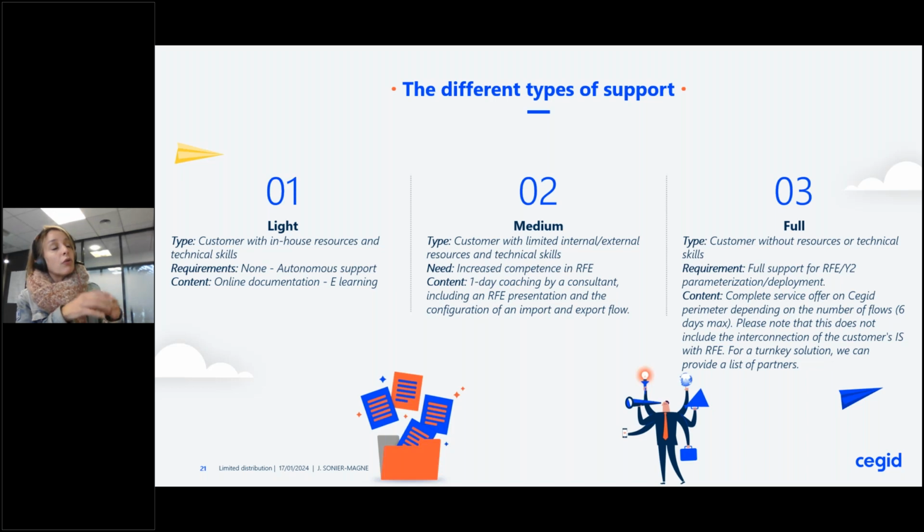For the external side, your partners and third parties, maybe you need help too, and we have many contacts to help you with this interconnection. So just call your contact at Cegid and ask for one of those supports if you need to.